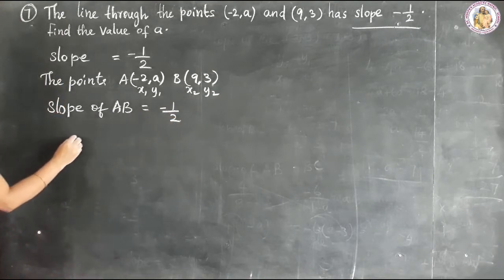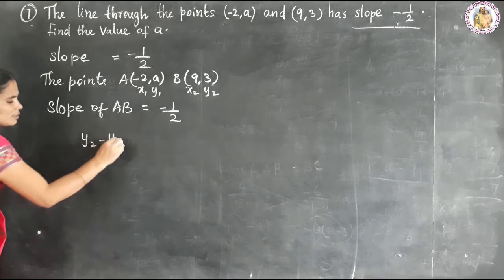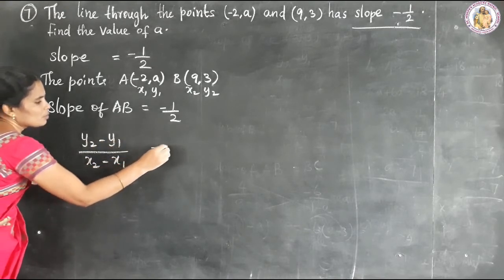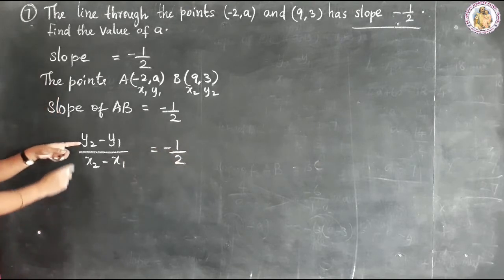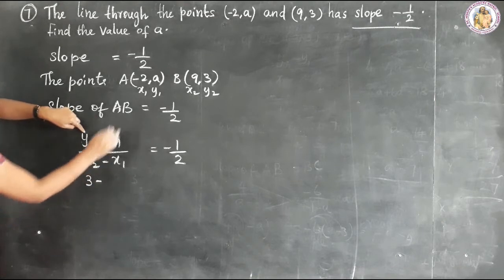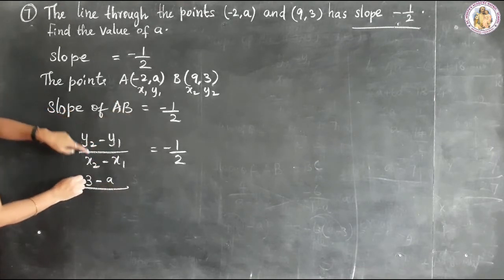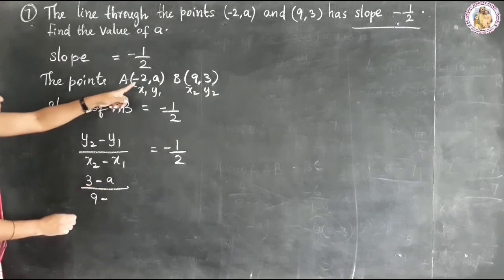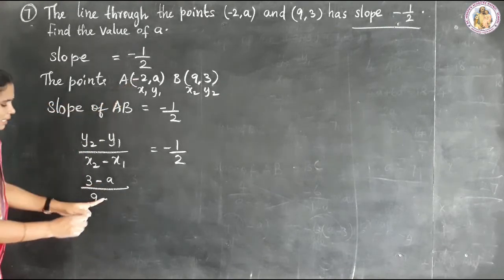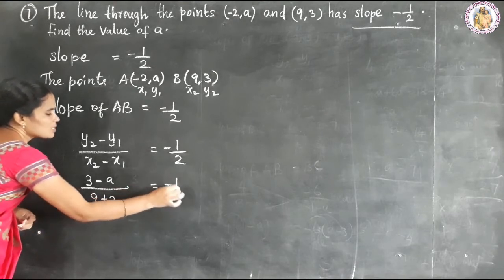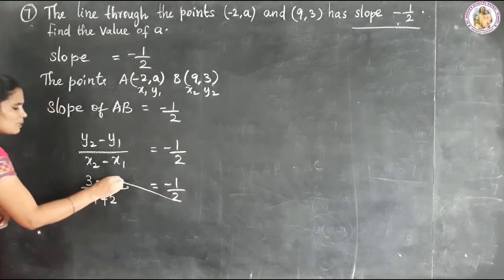Now write y2 minus y1 divided by x2 minus x1 is equal to minus 1 by 2. So substitute the values: y2 is 3 minus y1 is A, divided by x2 is 9 minus x1 is minus 2. Minus 2 when it comes here it becomes plus 2, is equal to minus 1 by 2. Now cross multiply.